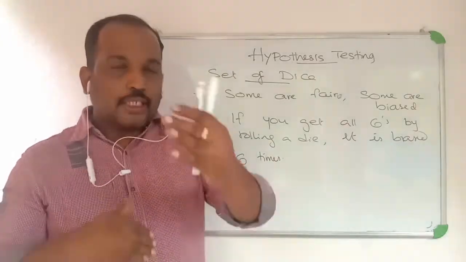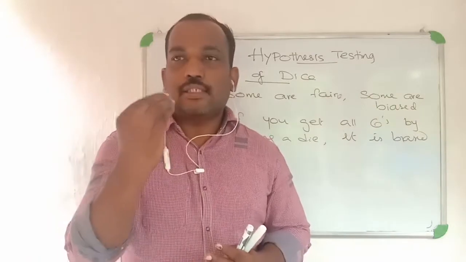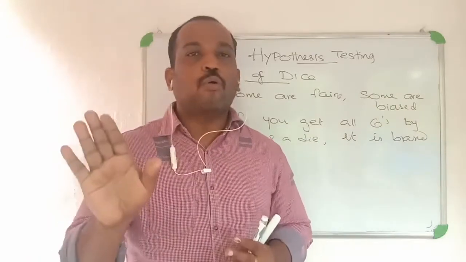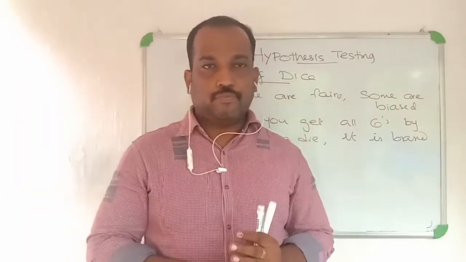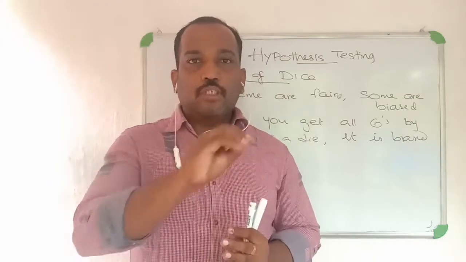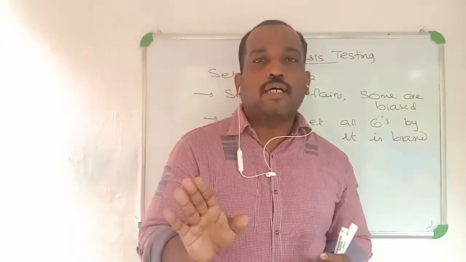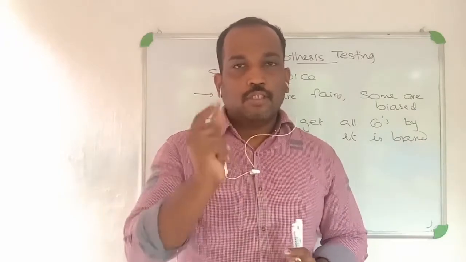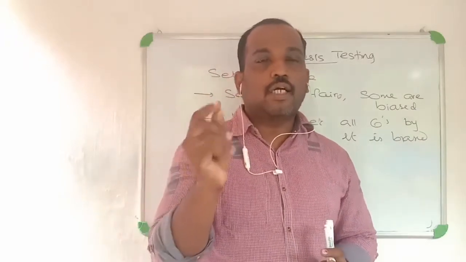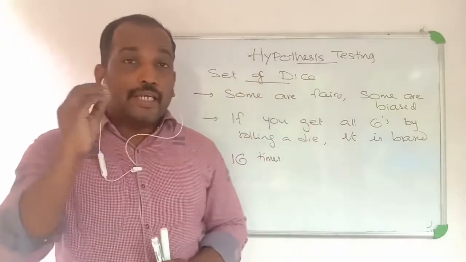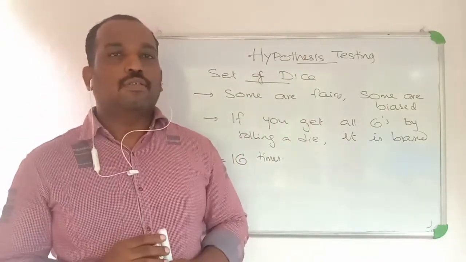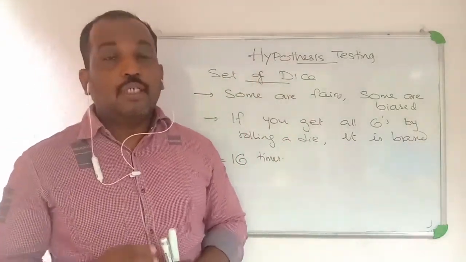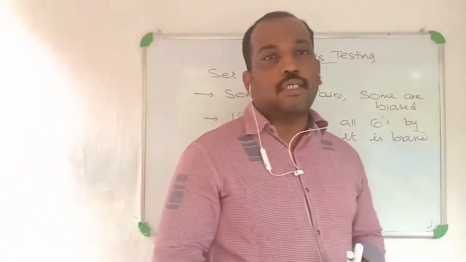The next person, who is opposing that claim, says no, it is not correct, all the throws never give you 6. So here the question arises, are you sure? Yes, I am sure. How much are you sure? Yes, I am sure, 100%.